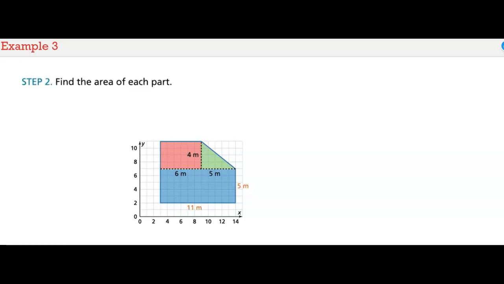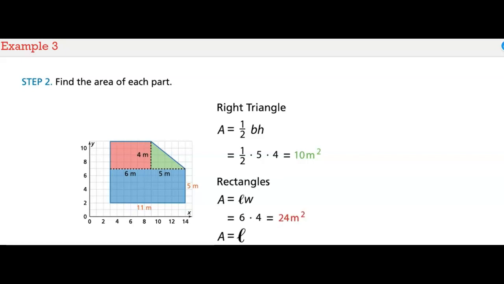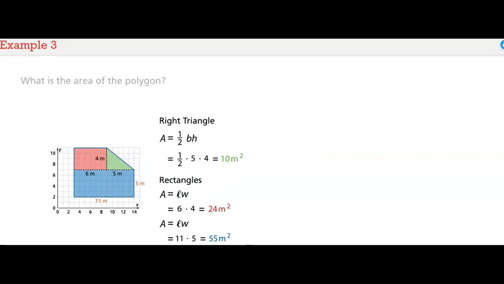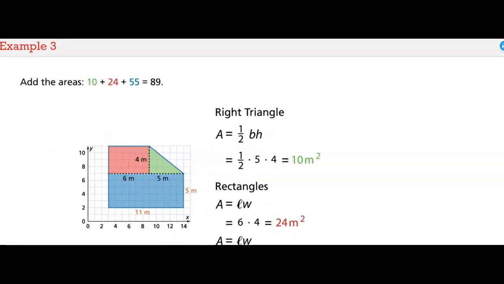Step 2. Find the area of each part. What is the area of the polygon? Add the areas. 10 plus 24 plus 55 equals 89.